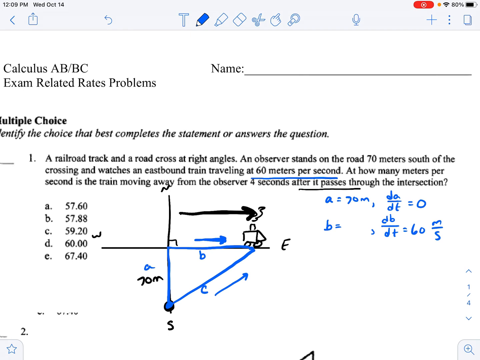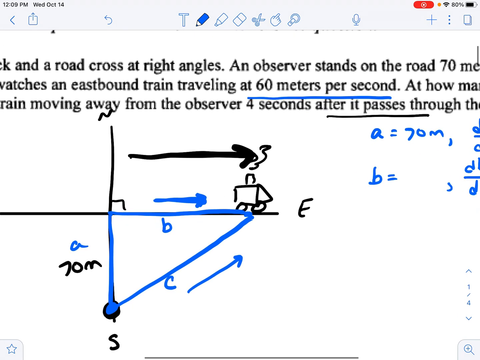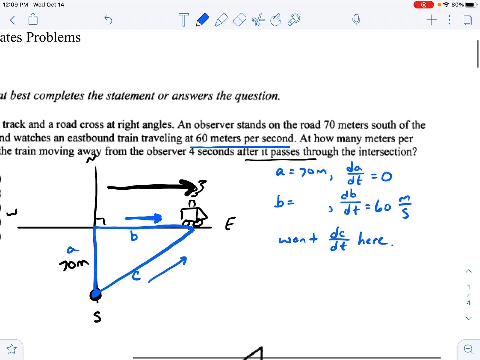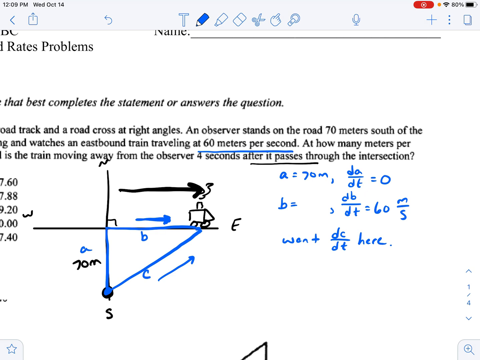And at how many meters per second is the train moving away from the observer? Well, C is the side that represents the distance between the train and the observer, and we want its rate. So we are looking for the value of dC/dt here. All right. Okay, so intuitively, we should be looking at Pythagorean's theorem to get started.